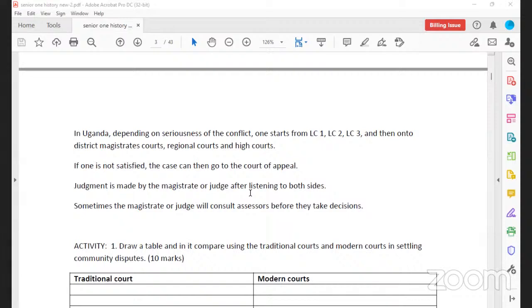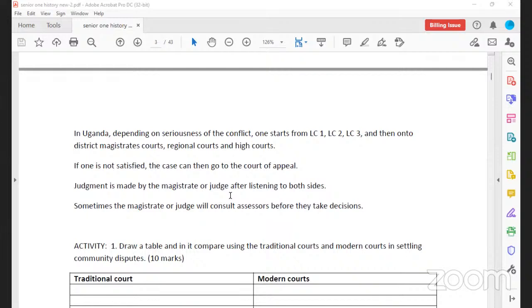You go there and report your conflict. If you are not satisfied, you proceed to LC2, LC3, district magistrate courts, and then up to the high court. But if you're not satisfied with the high court ruling, there is what we call the court of appeal, that I was not satisfied with the ruling. So judgment is made by the magistrate or the judge after listening to both sides.